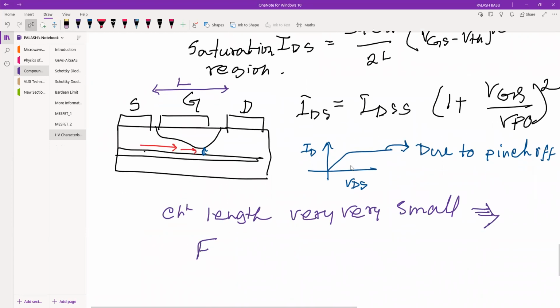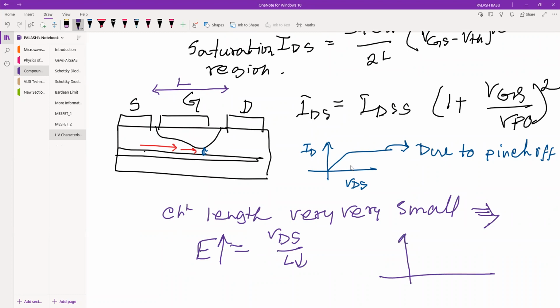Your average electric field, E equals V_DS by L, is very high. And once this electric field is very high, you remember our last day discussion, you will get a saturation, because this is velocity and this is electric field. So there is a critical field, and above the critical field, E greater than EC, this is my saturation zone, and this zone, E less than EC, is a kind of linear zone.